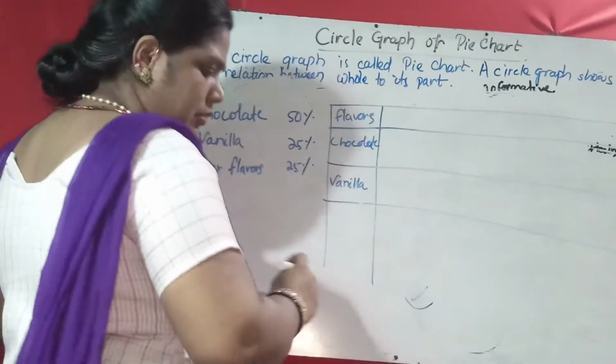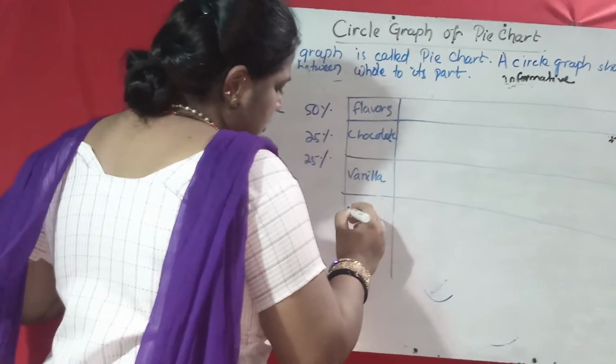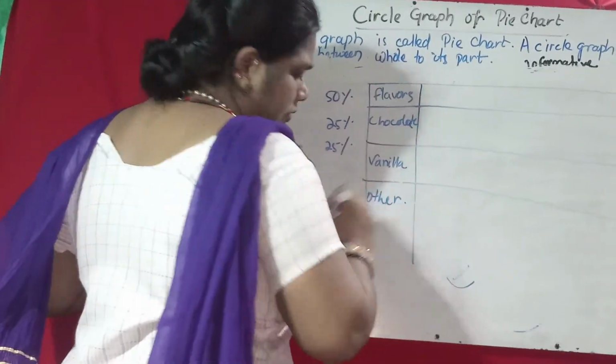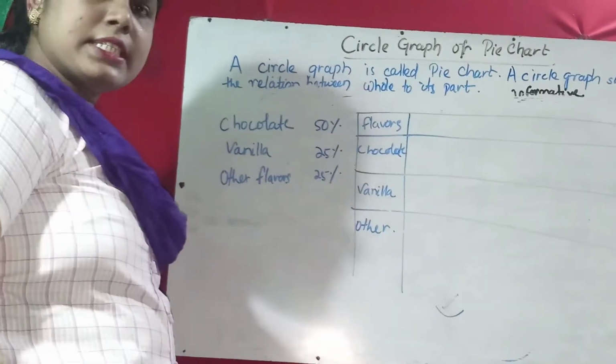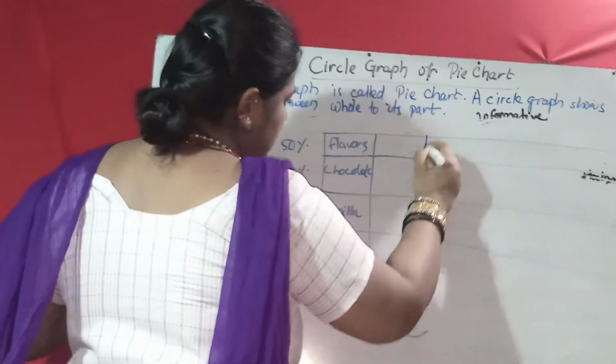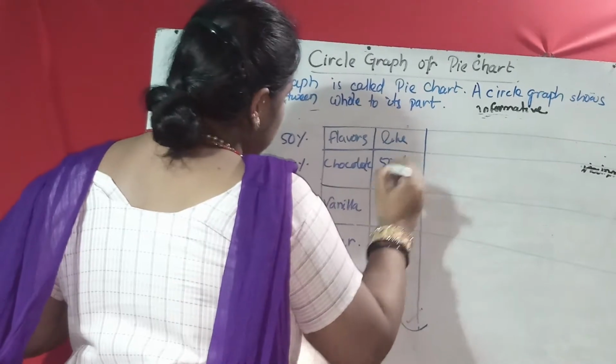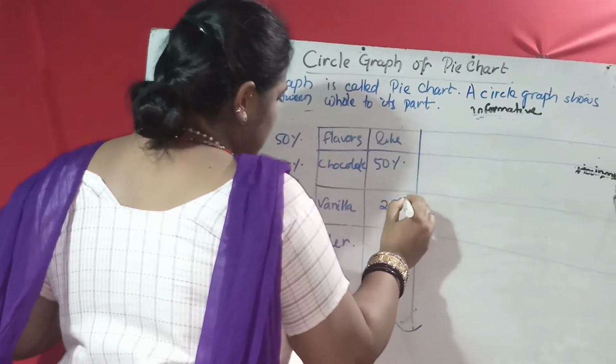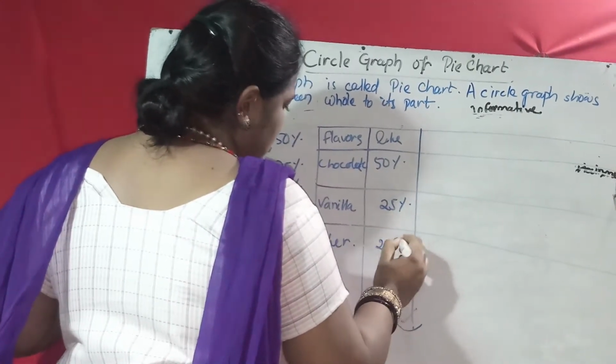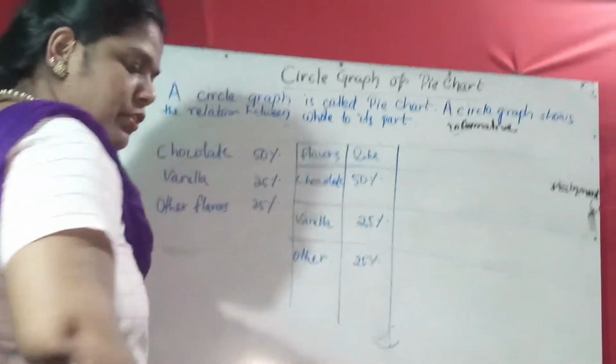Then the percentage of students who like each. Here chocolate 50%, then vanilla 25%, others also 25%. Okay, the fraction.